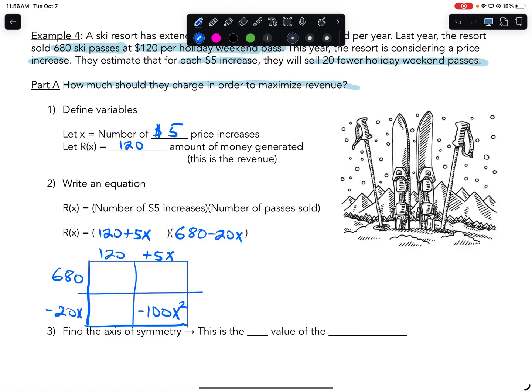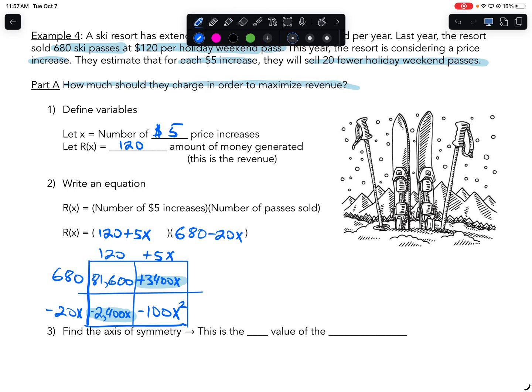The upper one, if you multiply 680 times 120, you get 81,600. 680 times 5 is 3,400, and it's positive. 120 times negative 20 is negative 2,400. The handy part about using the box is you can always combine these two diagonals. You could write 5x plus 120 up top first and negative 20x plus 680 if you want.